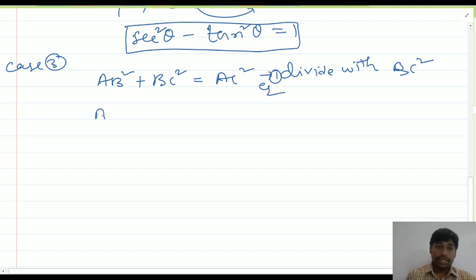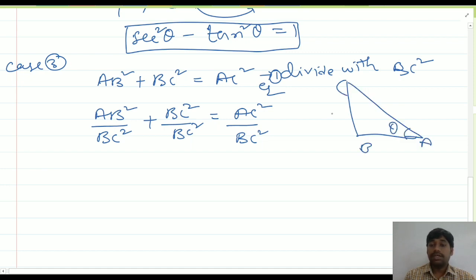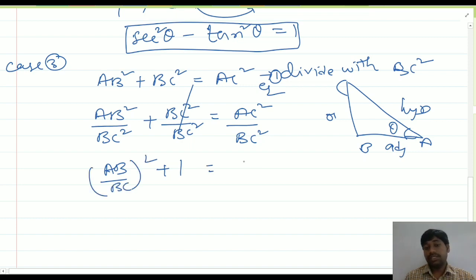What we are getting: AB square by BC square plus BC square by BC square is equal to AC square by BC square. Let me draw the triangle roughly: A, B, C, and this is theta, opposite, adjacent, hypotenuse. This becomes (AB by BC) whole square plus 1 is equal to (AC by BC) whole square.